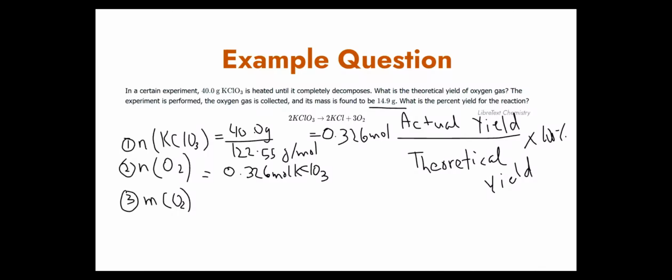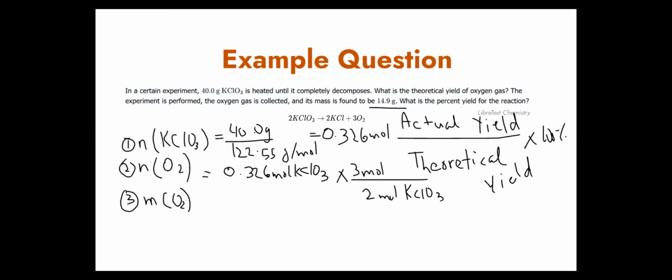And this is a step where we need to use the balanced chemical equation, because according to the balanced chemical equation, you can see that the molar ratio is 2 to 3. The molar ratio between potassium chloride and oxygen is 2 to 3. So we have 2 moles of potassium chloride and then 3 moles of oxygen.